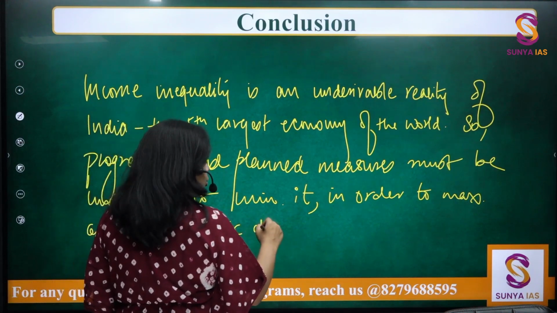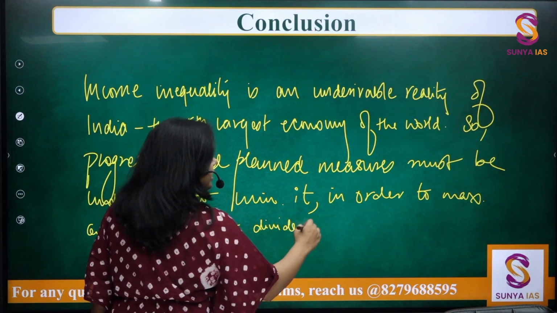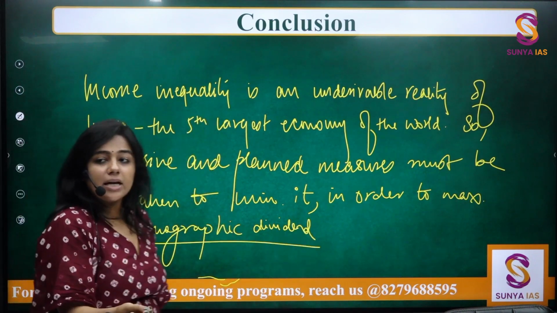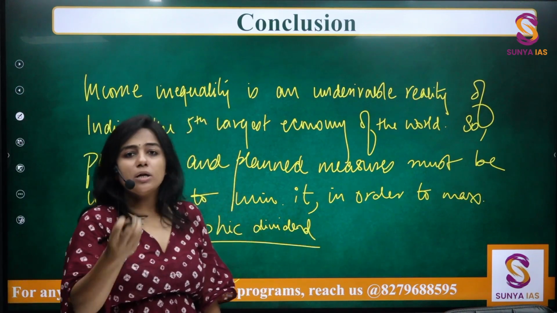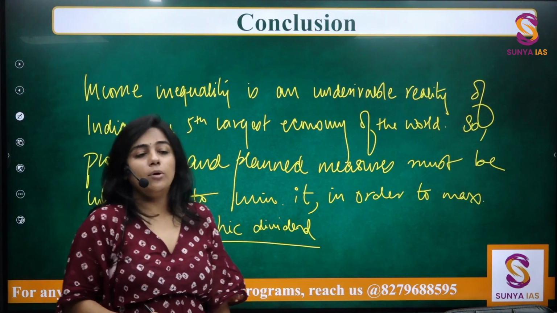Demographic dividend will only be maximized when we have income equality, not equality, but reduction in income inequality at least.